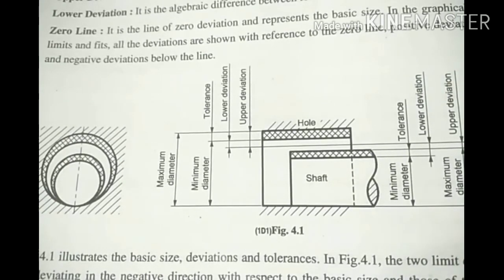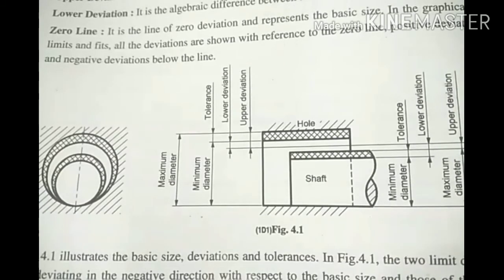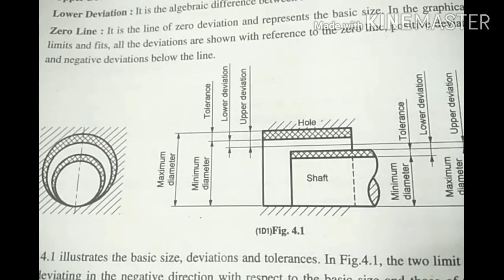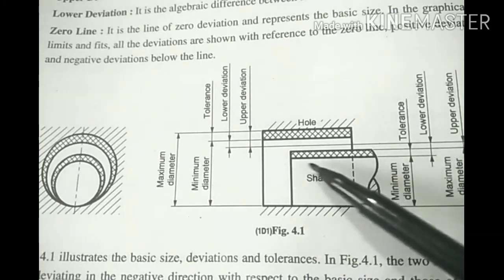Then allowances. Once again I am explaining the figure. This limit of zero deviation or zero line, this basic size, and this maximum diameter, minimum diameter. The basic size with the maximum diameter, that is the upper deviation. The basic size with the minimum diameter, minus, that will be the lower deviation, and the difference of this upper deviation and lower deviation is called tolerance.